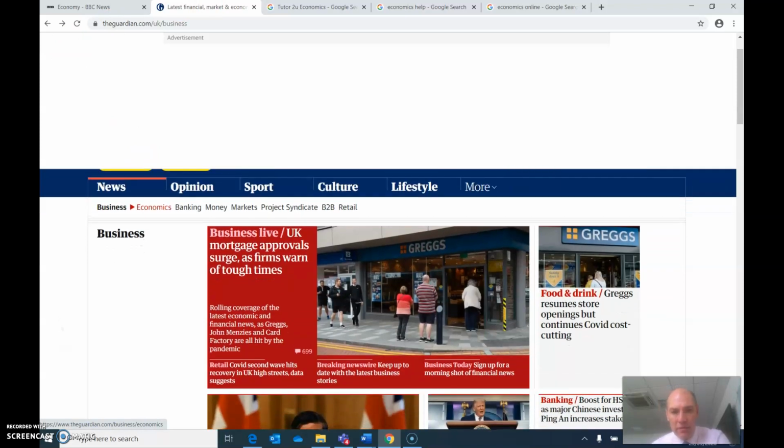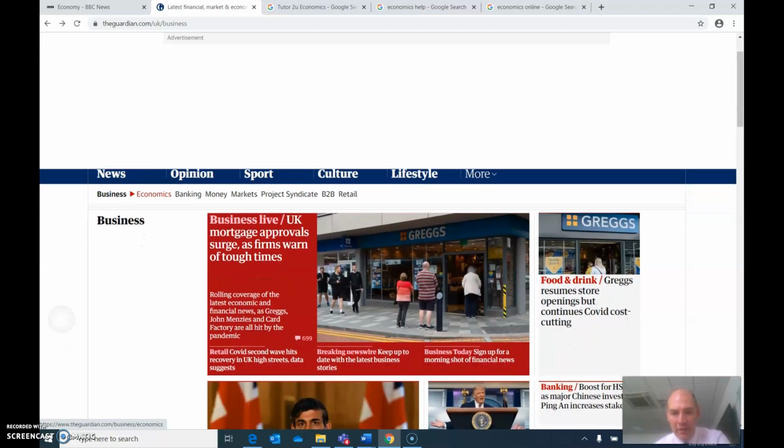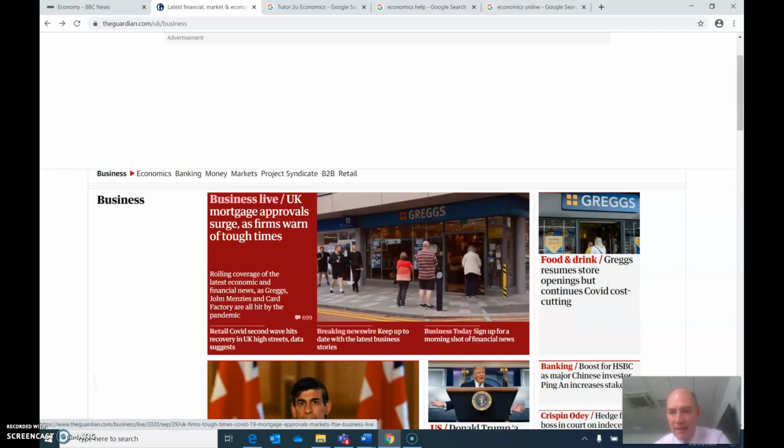And in terms of this, some of the things live at the moment. So mortgage approval surge. That's partly because of lockdown. People couldn't move. So now that's happening. And at the same time, firms, private industry, is warning of tough times ahead.